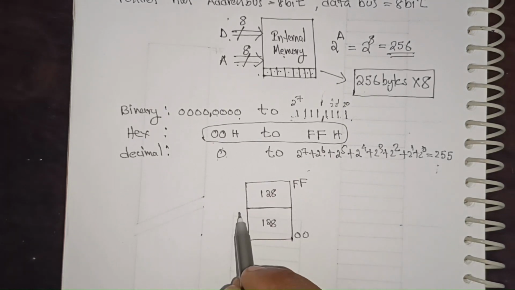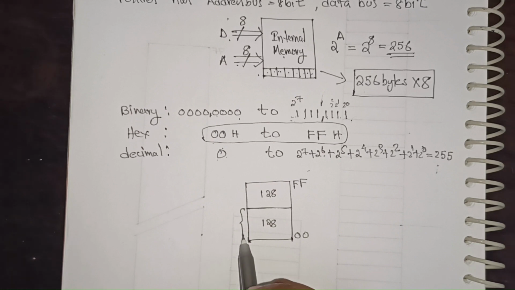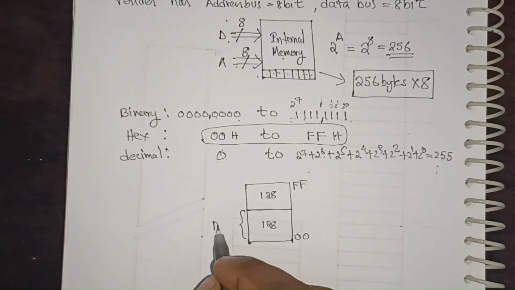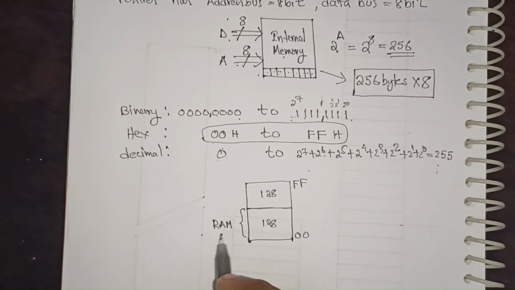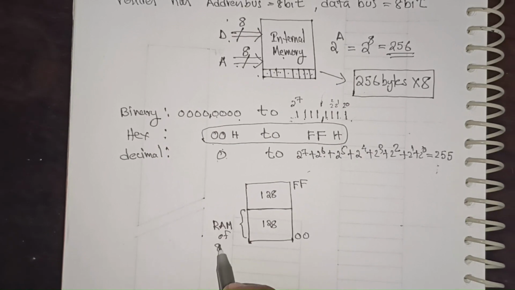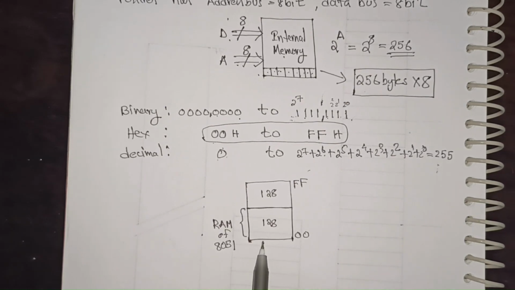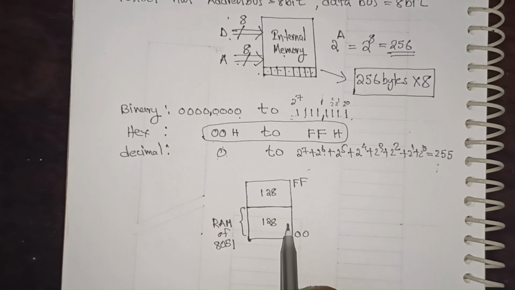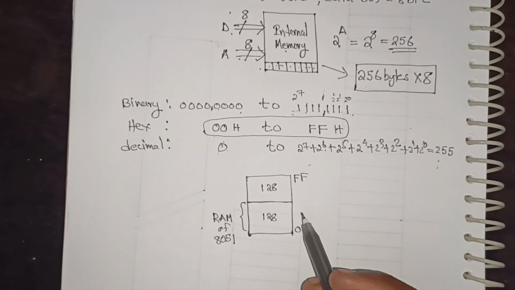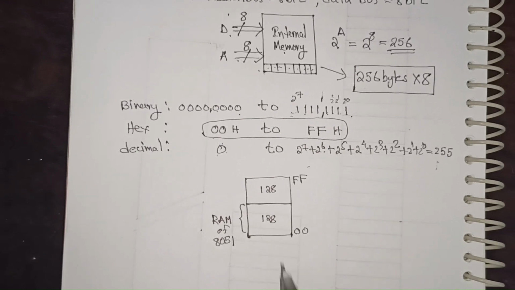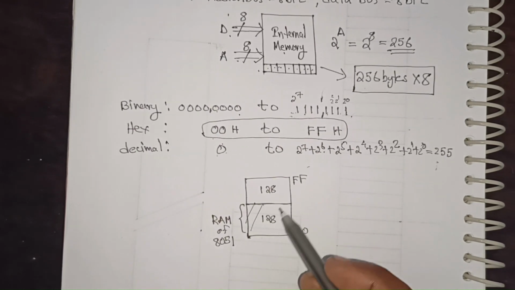And this is our internal RAM of 8051. That's why in our block diagram explanation I told you that the internal RAM is 128 bytes. Okay, so this is the internal RAM.